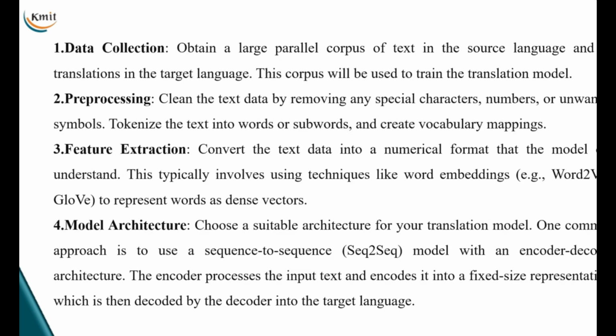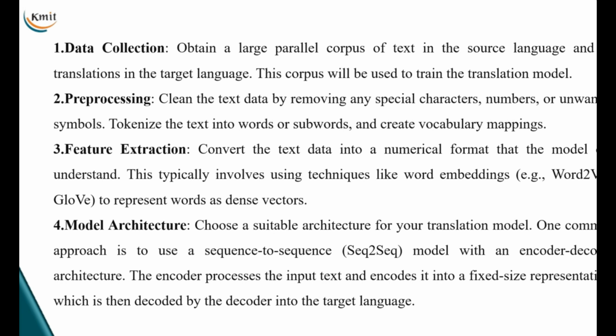Okay. So when we talk about data collection, you can choose either of the methods. You can obtain the data from a large corpus, or to begin with you can create your own data set with small sentences for conversion. For both procedures, you're supposed to take the source language and the target language.